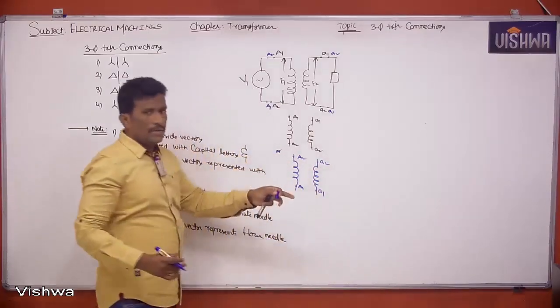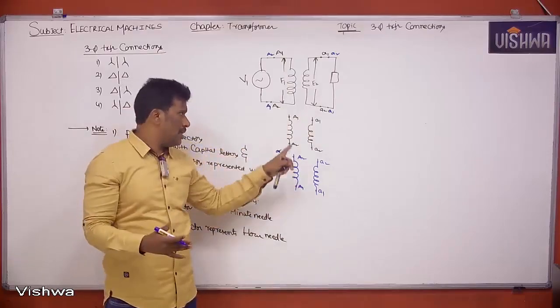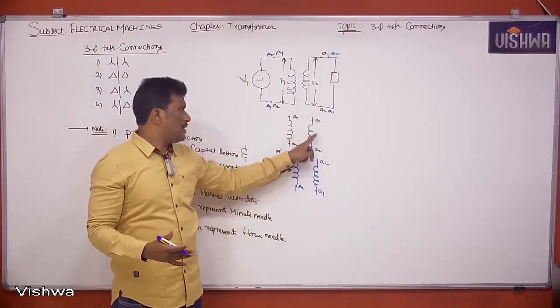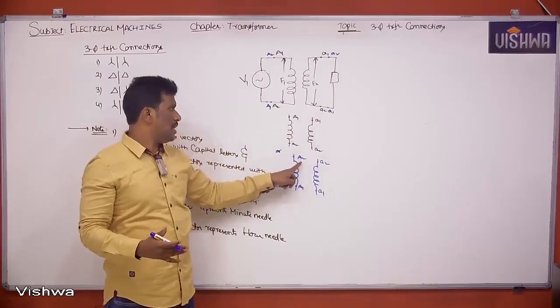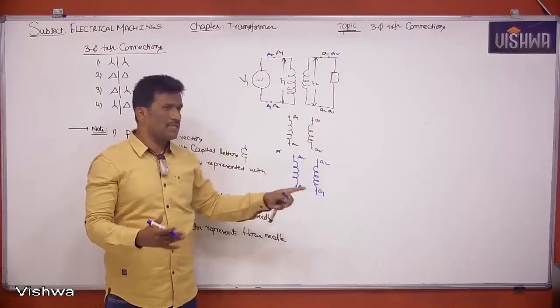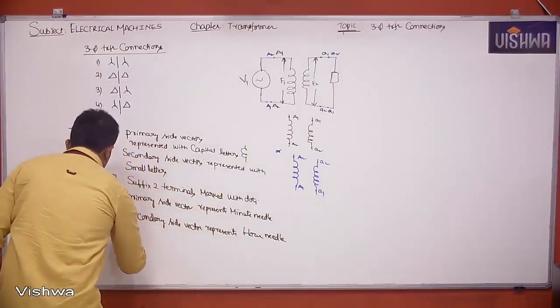This is the meaning, right? Primary voltage and secondary voltage are in phase means that is the meaning. E1 and E2 being in phase means if it is A1 and A2, this becomes small a1, small a2. If it is A2, A1, this becomes small a2, small a1. That's the meaning.